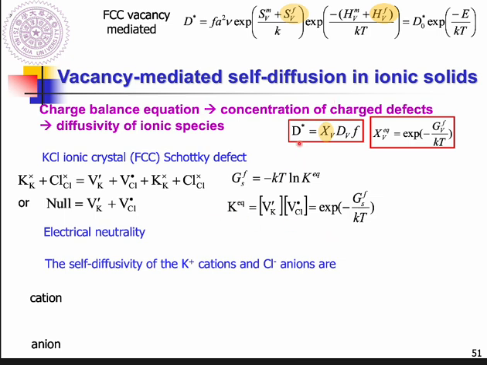In order to get the diffusivity for potassium and the diffusivity for chloride, I need to know what this and this are. But as you know, they are Schottky defects, right? They have the same number of vacancies at the potassium side and vacancies at the chloride side. So I got this equals to this.